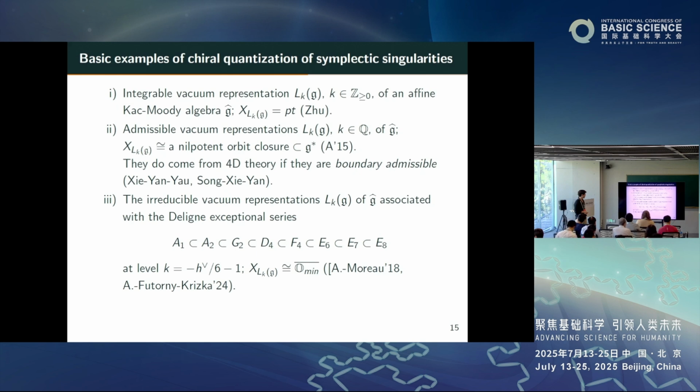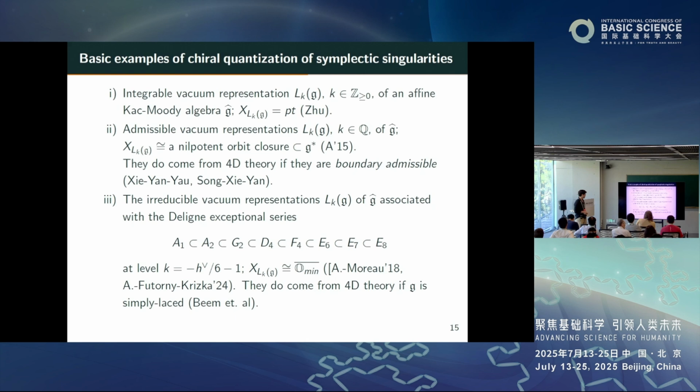And these do come from 4D theory if G is simply laced. So this is actually the first example of a vertex algebra coming from 4D, described by Beem et al.